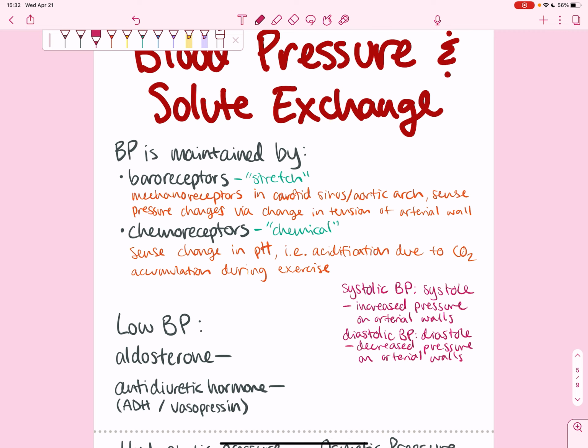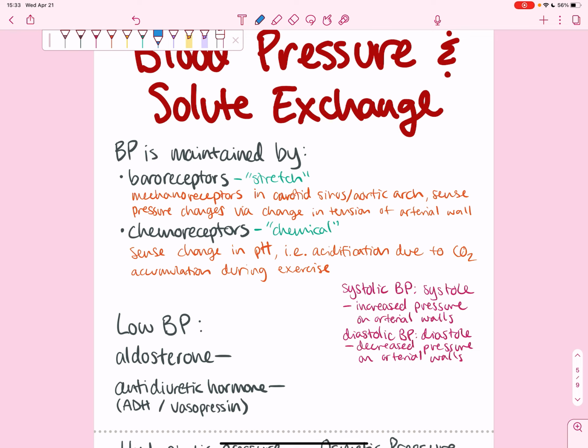So, low blood pressure. When we have low blood pressure, there are a couple things that we can do to raise that blood pressure. The ones that I'm going to talk about right now are aldosterone and antidiuretic hormone, also known as ADH or vasopressin. I like to say ADH because it's the fastest thing to say.